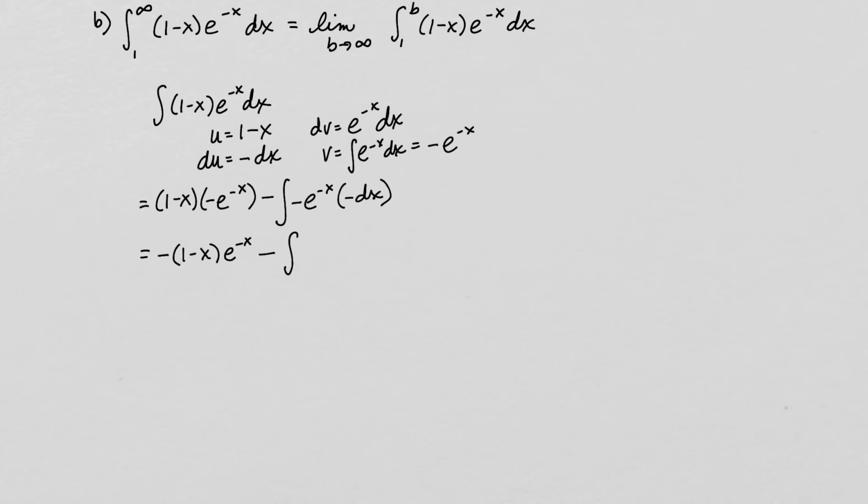Inside, the two negatives cancel each other out, and we have e to the minus x dx. So we've got minus (1 minus x) e to the minus x. And then integrating e to the minus x gives me minus e to the minus x, so minus times minus is plus. So plus e to the minus x.